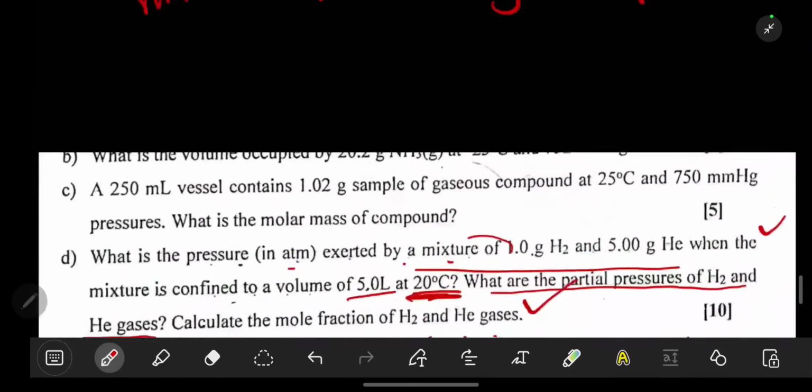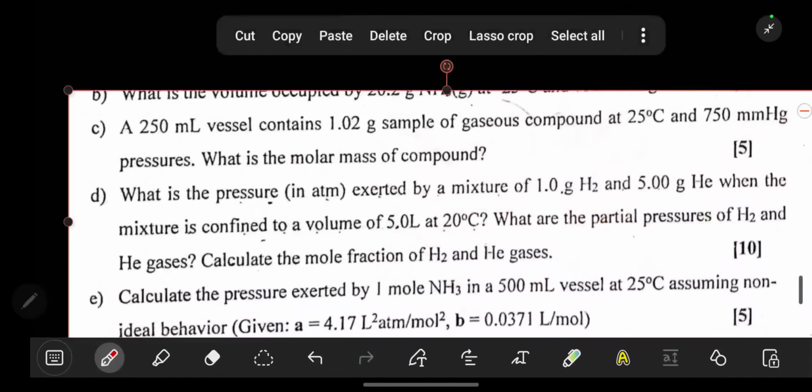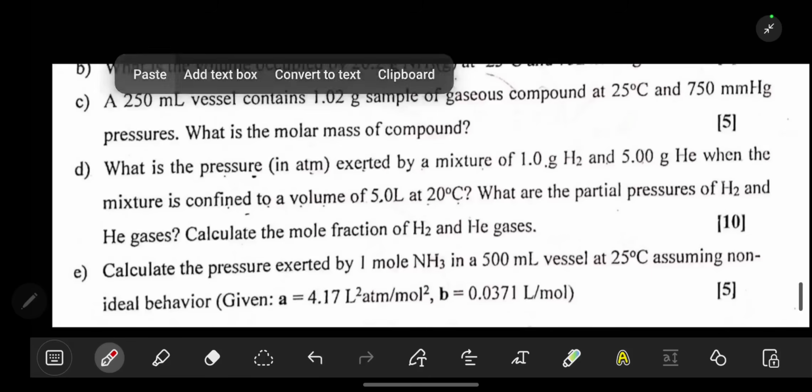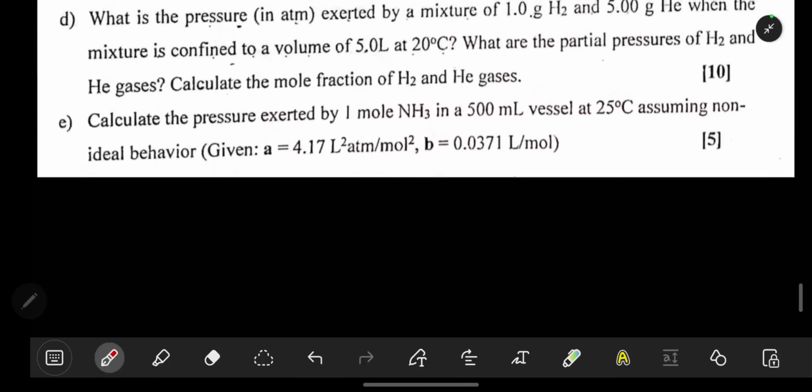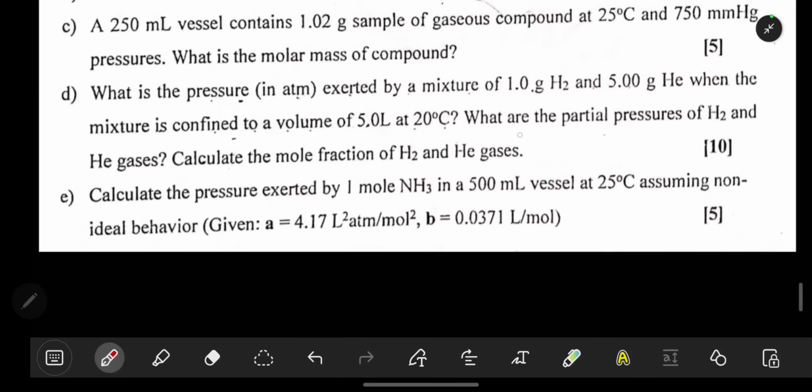Then for the partial pressures, we are going to do the same. According to Dalton's law, it is the pressure of a gas in a container as if it is alone. So that's the partial pressure. To begin with, let's begin with our hydrogen, which was the first thing mentioned.